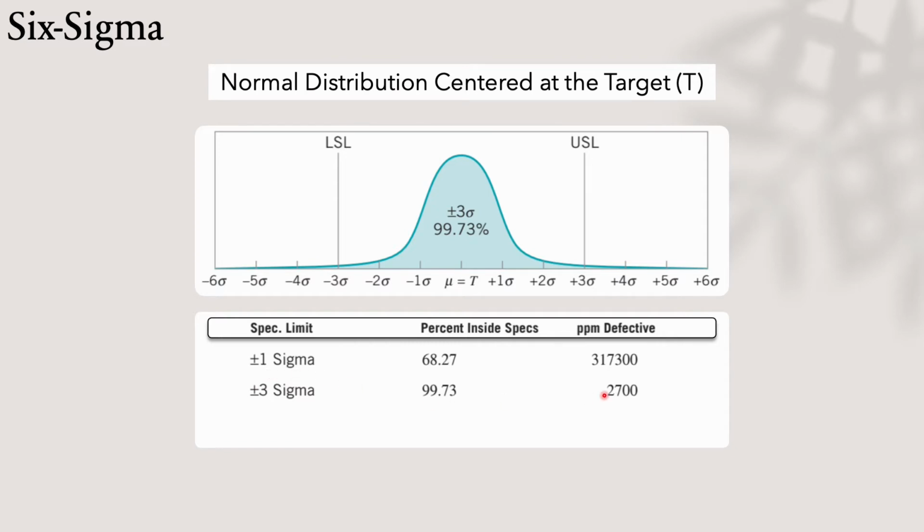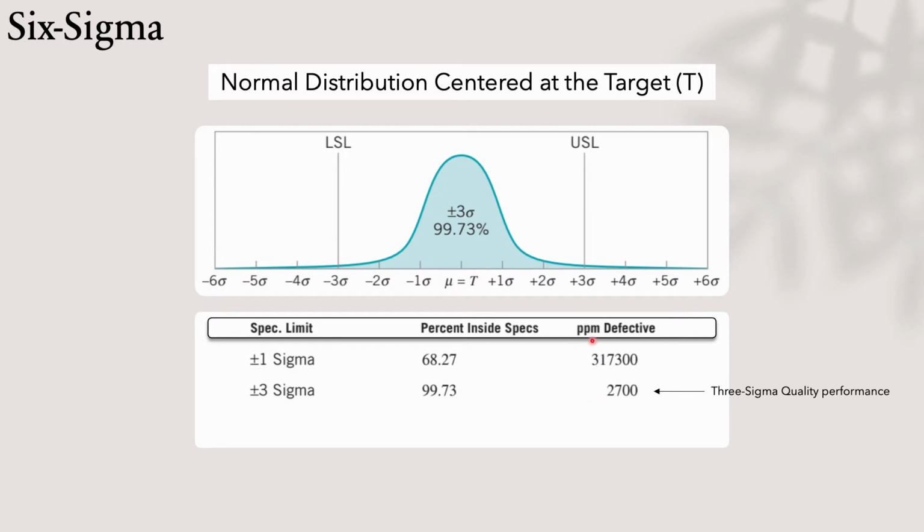This is called 3 sigma quality performance. 99.73% of the products will be conforming. That means there is a probability of 99.73% for products to be conforming or acceptable, and only 0.27% of the products may be defective or non-conforming.